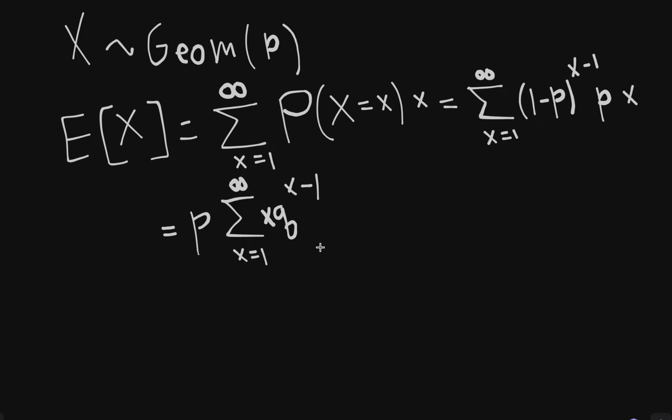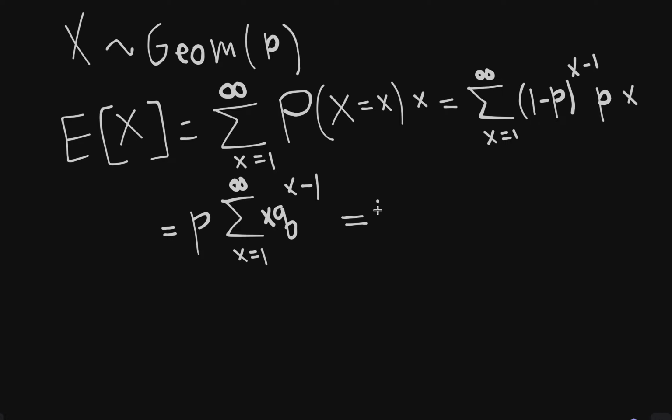So the reason I'm doing that is because now this thing inside the summation looks kind of like a derivative. It looks like you used the power rule on a function of q. And actually, you did. It's a little bit confusing here because x is not your variable. X is sort of just like an unknown number.